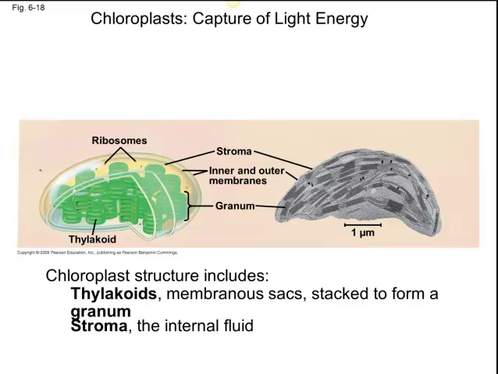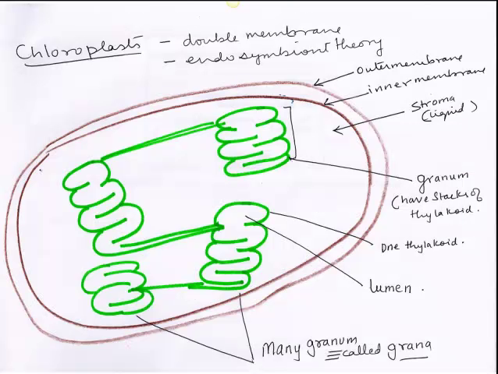The structure, the way I would like to put it across, is this. You have your outer membrane, you have your inner membrane, and you have the liquid that is present, called the stroma. And then there are these stacks, like stacks of coins or stacks of poker chips, one above the other.